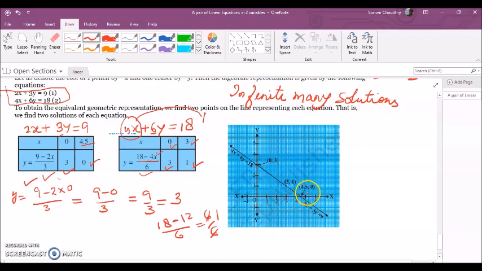So these are some points. This is our (0,3), which is a common point in both equations. This is our (3,1), and this is our 4.5, where y is equal to 0.